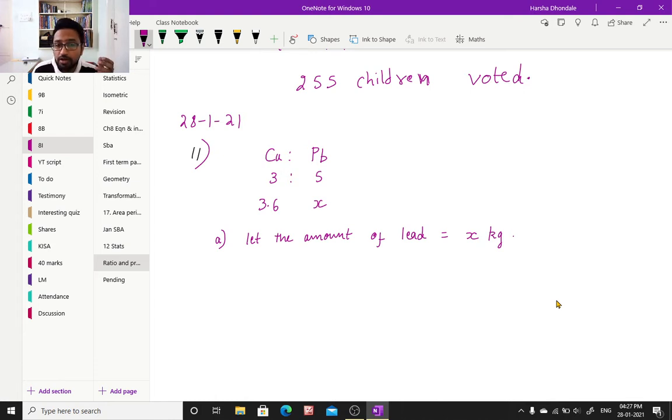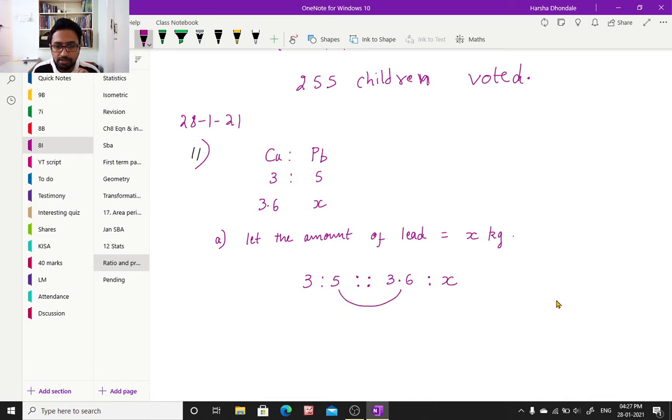Now because it's an alloy and the ratio is given as 3:5, that ratio will be maintained. 3:5 will be in proportion with 3.6 is to X. I have to solve this to get my answer.